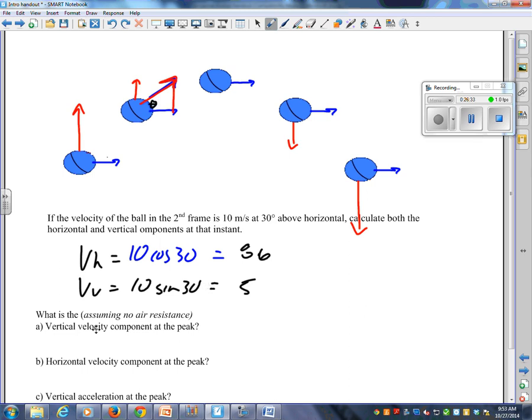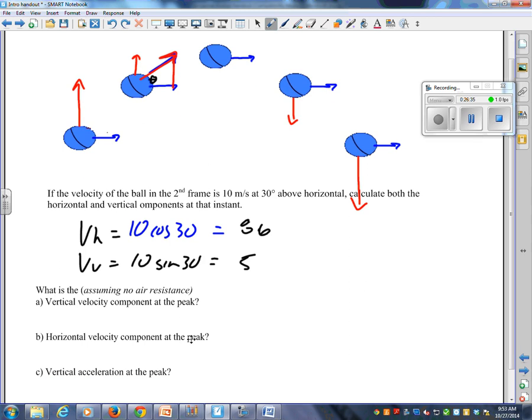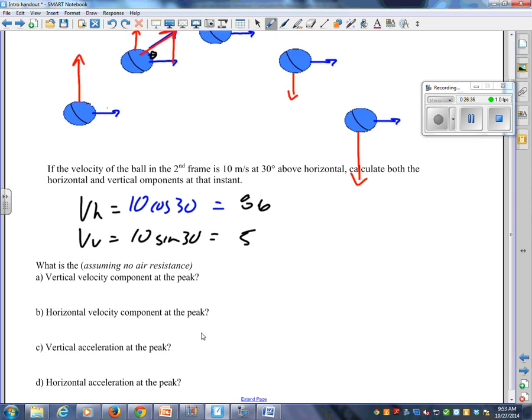What is the vertical velocity component at the peak? It's okay to be wrong. Thank you, Chris. 0. It's not going up at the peak. What's the horizontal velocity component at the peak? It's 8.6. How come?